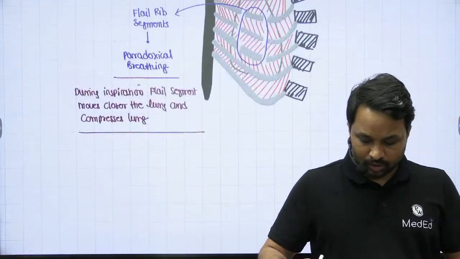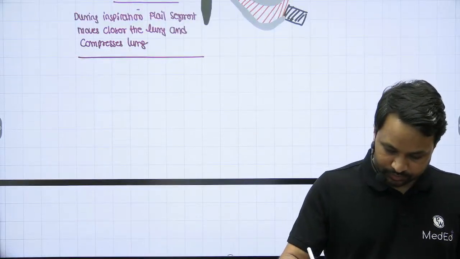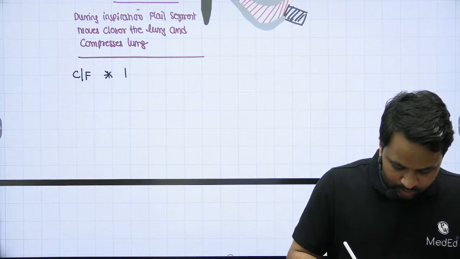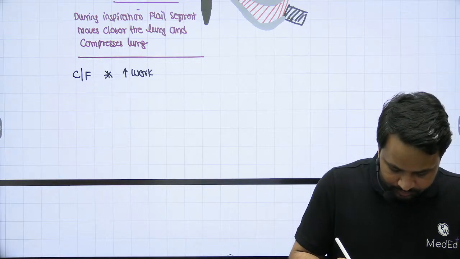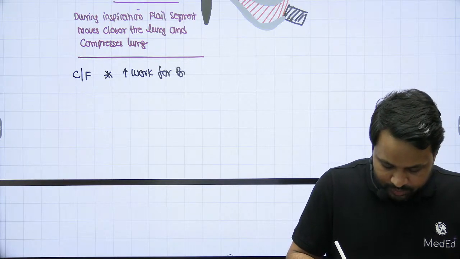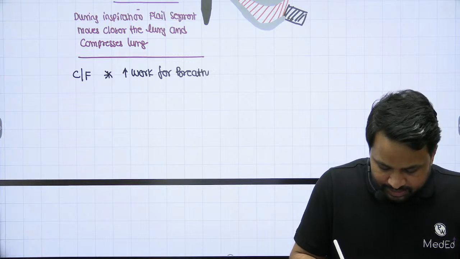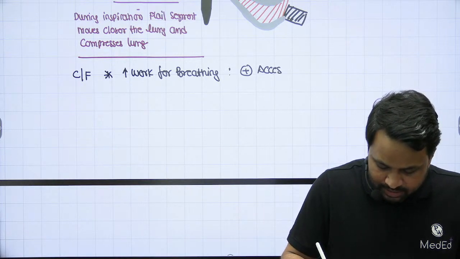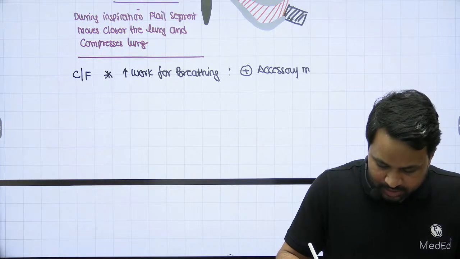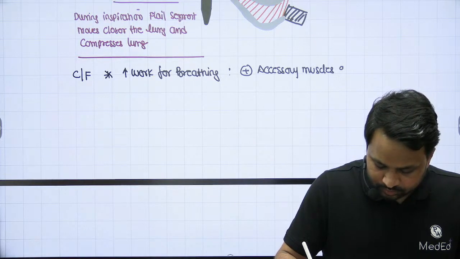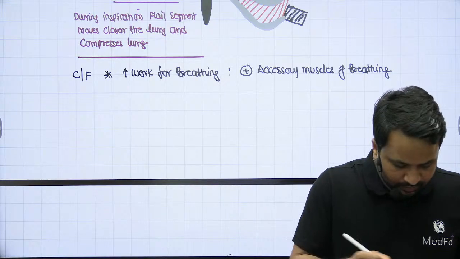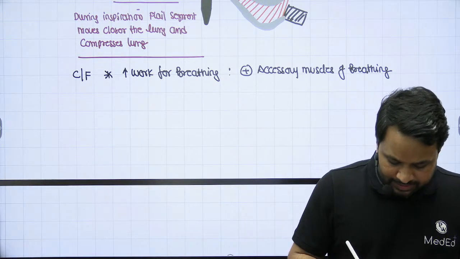Now when you talk about the clinical presentation of flail chest, because there is increased work of breathing to overcome this paradox, there is usage of accessory muscles of breathing. Accessory muscles are skeletal muscles.